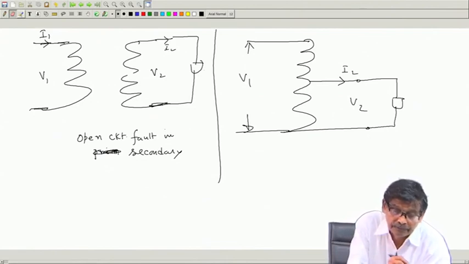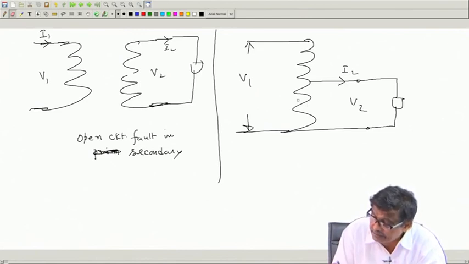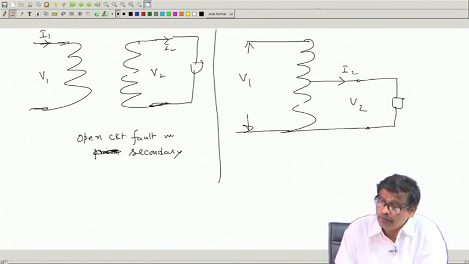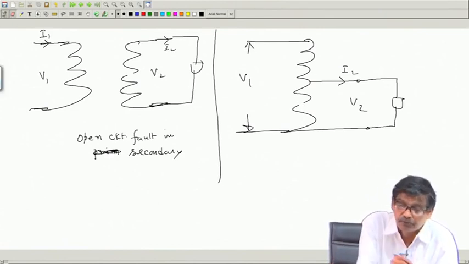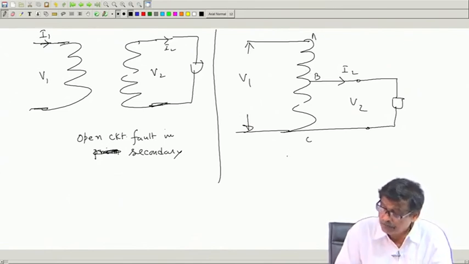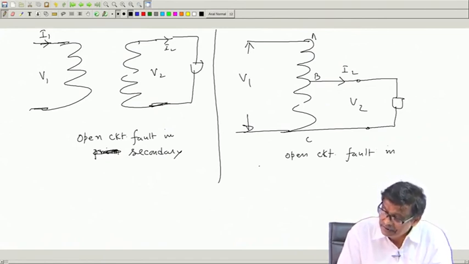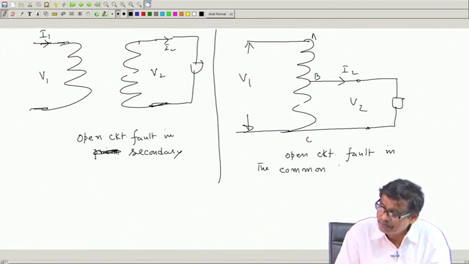Suppose it is doing like this, but what happens is this: an open circuit fault takes place in the common portion of the winding, that is the B C portion, B C A. Suppose an open circuit fault inside the transformer, in the common portion B C of the winding.